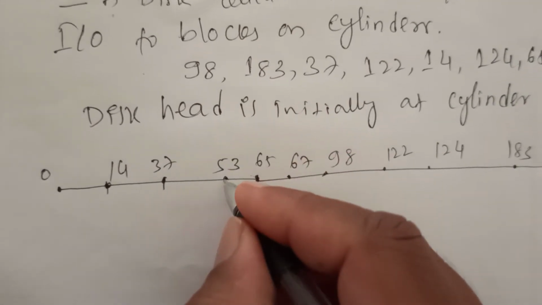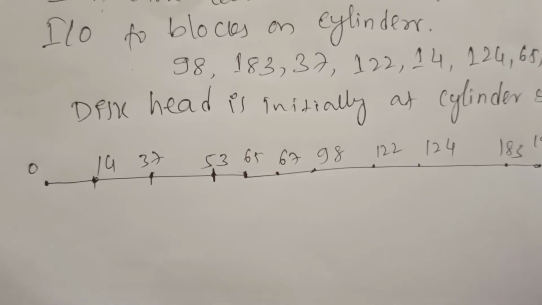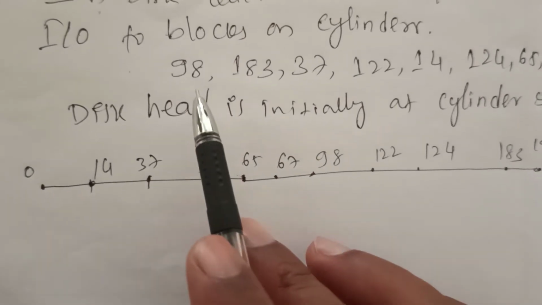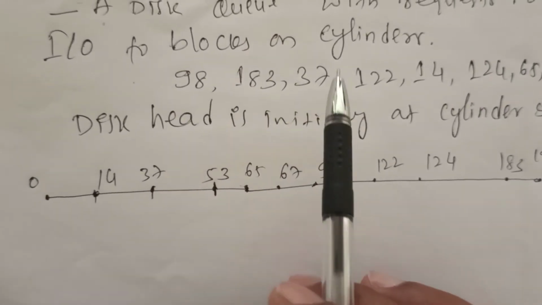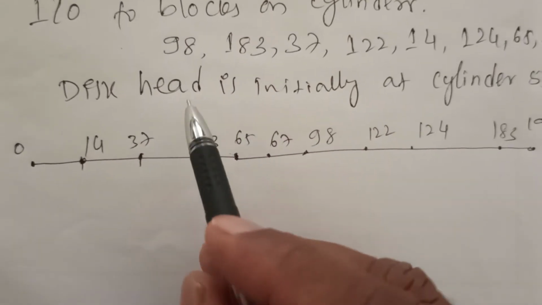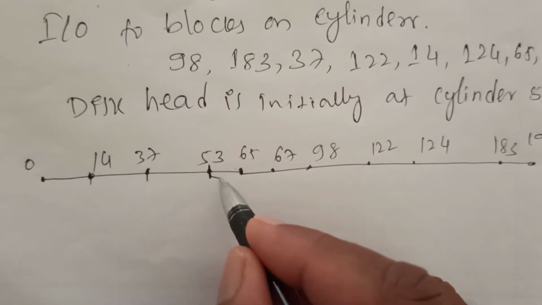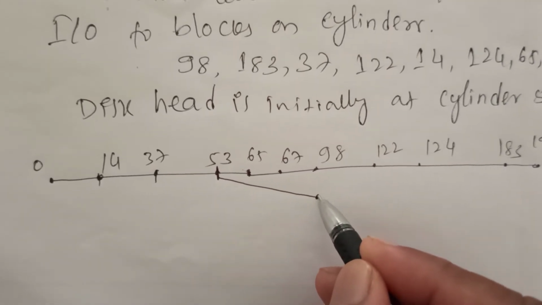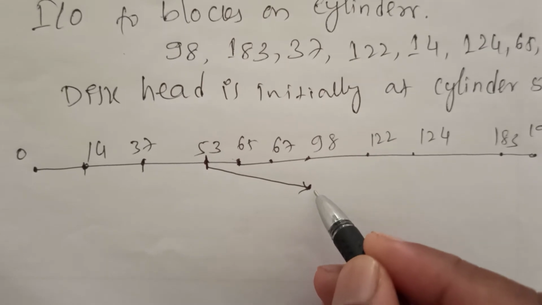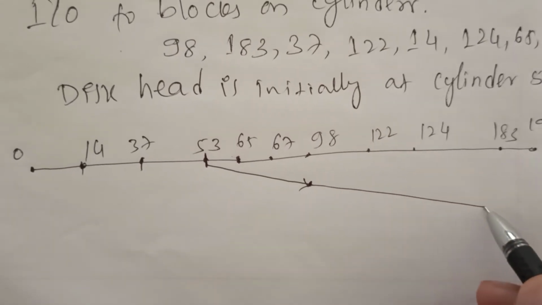Now the read-write head is pointing at location 53, and we are going to service the remaining pending requests waiting in the disk queue. The request that arrived first is serviced first. The first request is 98, which will be serviced first, followed by the next request, 183.